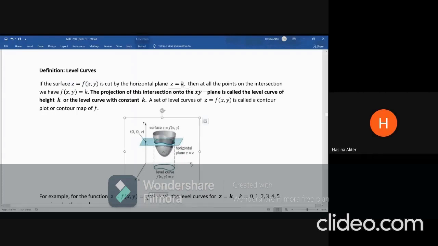Look at the picture. This is the solid that we have. We are cutting this solid by the horizontal plane given by z equals c. See the curve around, which is the intersection, the common portion of the surface given by z equals f(x, y) and the plane z equals c.